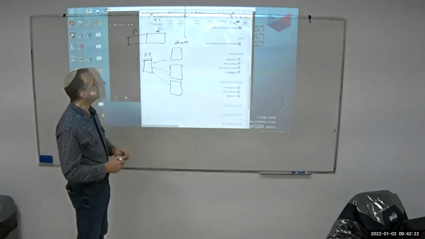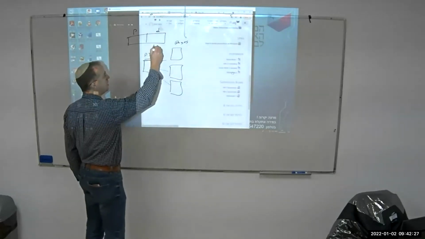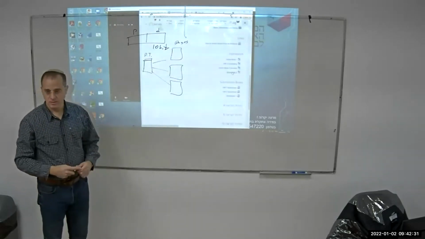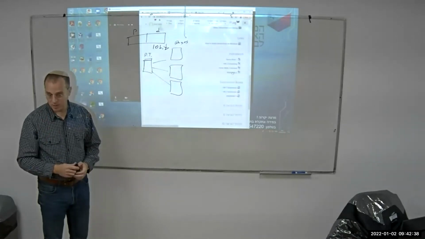So let's do a quick math. If this D is 10 bits, how big is the page? 2 to the 10th, which you should remember, is 1024. 1 kilobyte.